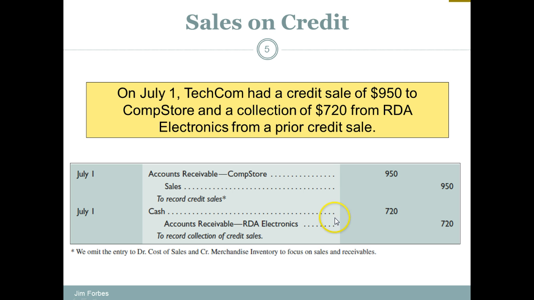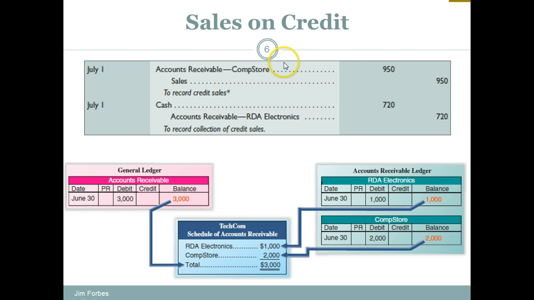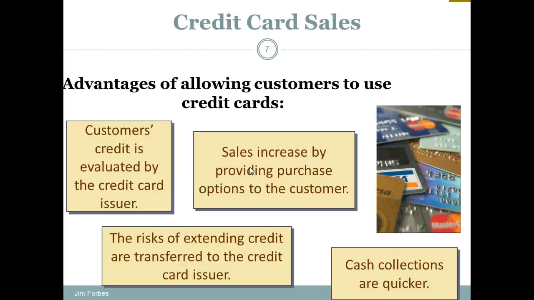And then they've paid cash on credit sales here, cash on accounts receivable. You'll notice how they'll track that through the balance. So again, you're just making a sale to a customer on credit here. Shouldn't be that hard.